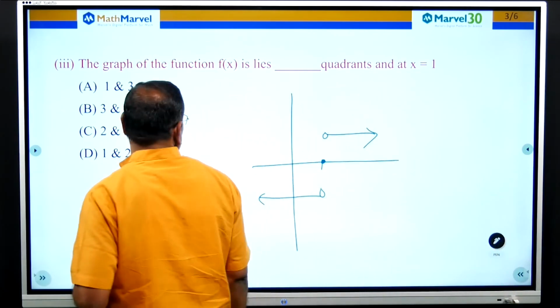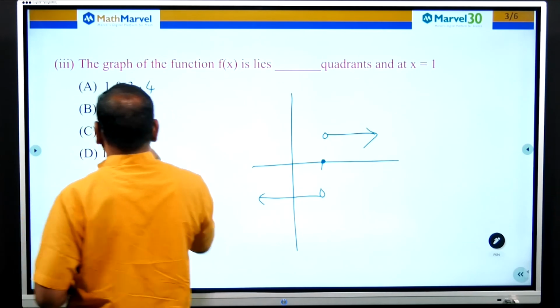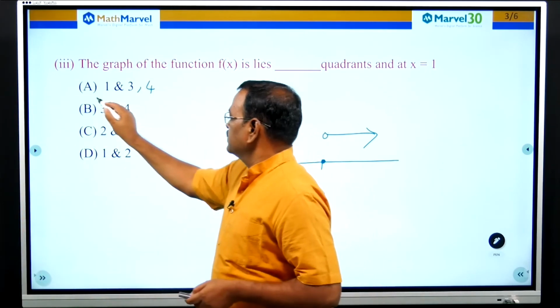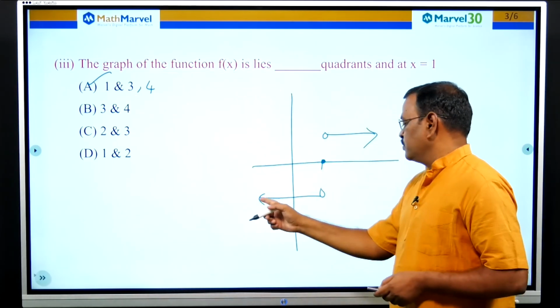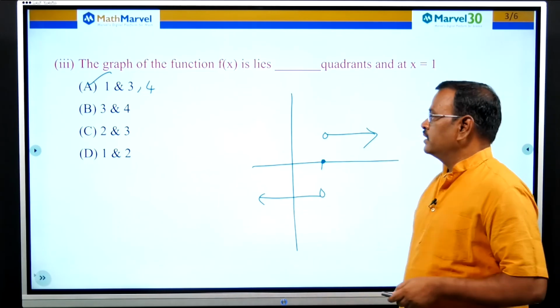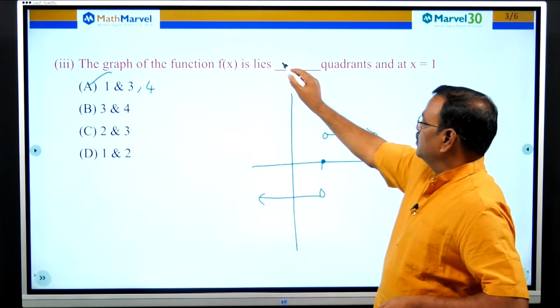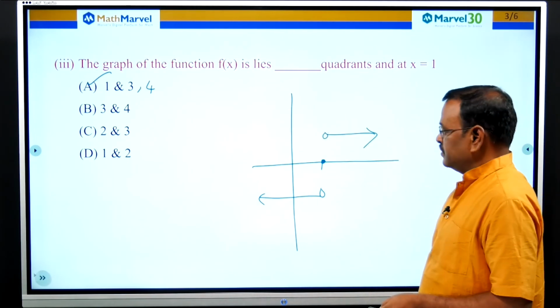So first, third and fourth. Actually, this is some typing error. The answer for this is 1, 3 and 4, because this line belongs to the third and fourth, and it also belongs to 1, 3 and 4 at x equal to 1. This is the graph of this.